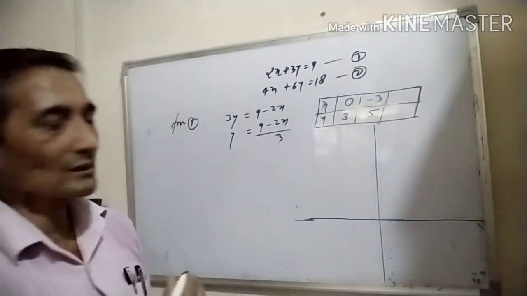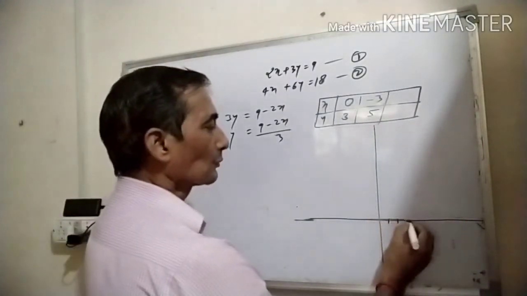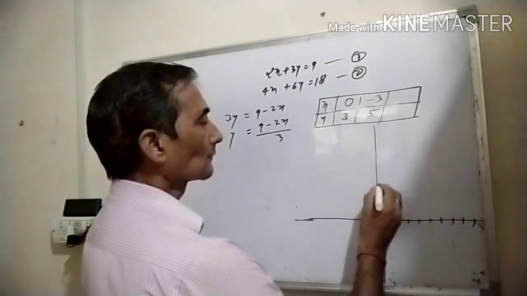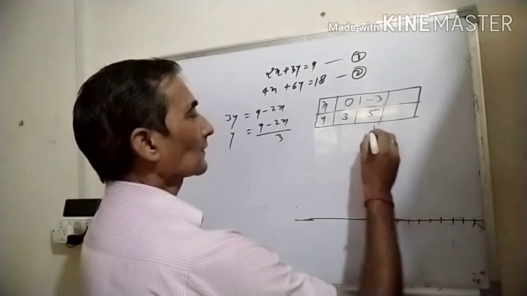Generating a Cartesian plane, 1 2 3 4 5 6 7 8 9, just like this.